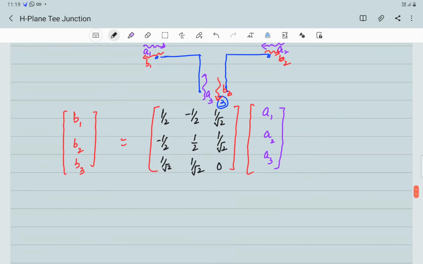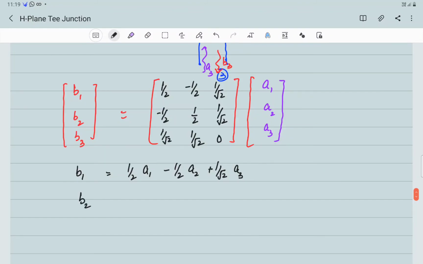In equation form we can write B1 is 1 by 2 A1 minus 1 by 2 A2 plus 1 by root 2 A3. B2 is equal to minus 1 by 2 A1 minus 1 by 2 A2 plus 1 by root 2 A3.